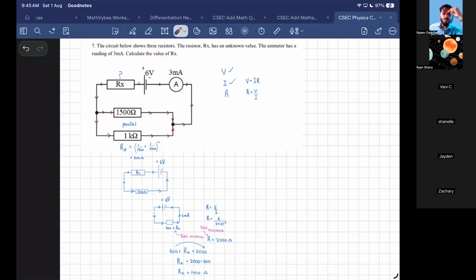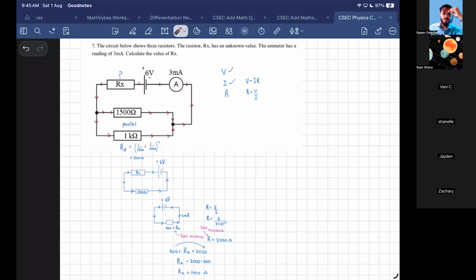Because 600 is the resistance for the sub parallel circuit, and Rx is what we're trying to calculate. But Rx is in series with the 1500 ohm and the 1 kilo ohm.